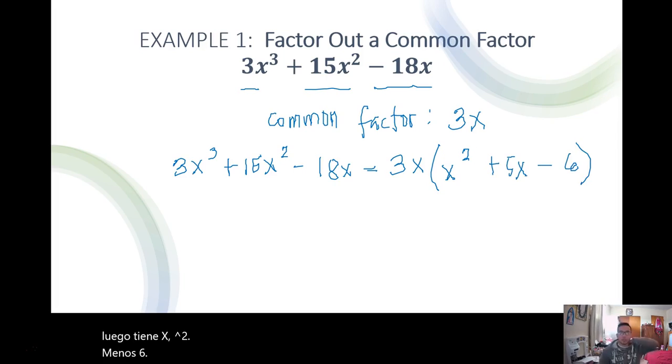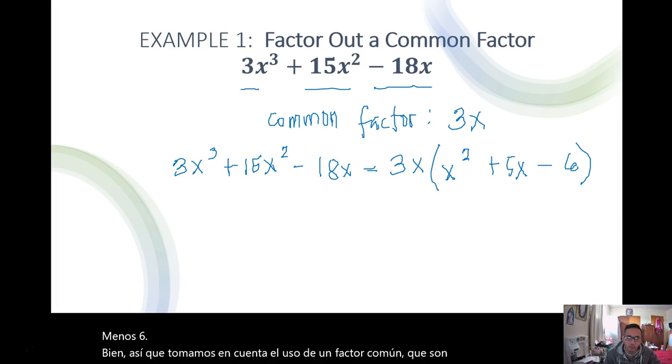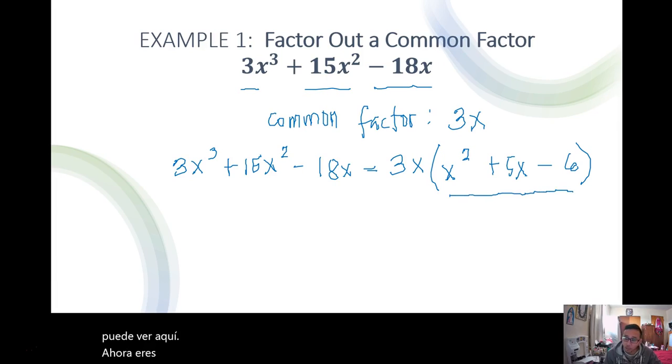So we did factor using a common factor, which is the 3x. And now, as you can see, the value of a here is 1. Remember, we did factoring polynomials when a in ax squared plus bx plus c is 1. So we're good to go from there.